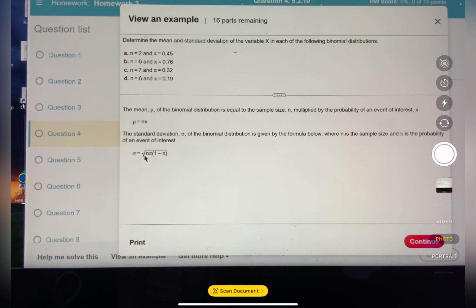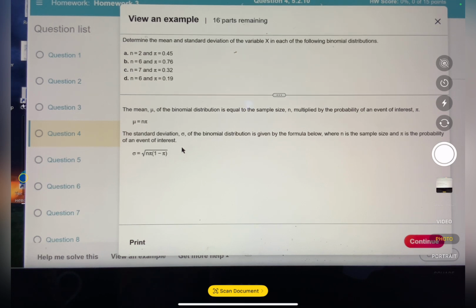It's the same thing, n times pi. This is our mu. 1 minus pi is the probability of failure. If pi is the probability of success, let's say 60%, then the probability of failure is going to be 40%, right? So 1 minus 0.6, so 40%. Then you take the square root.